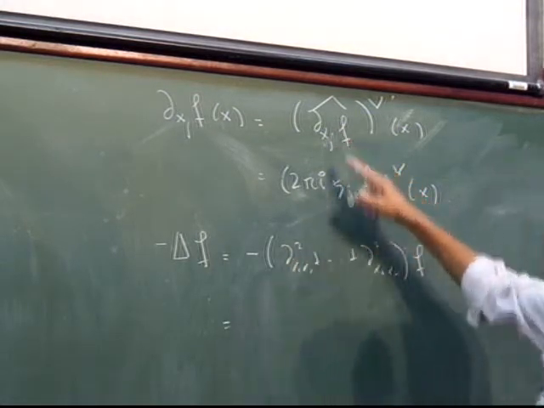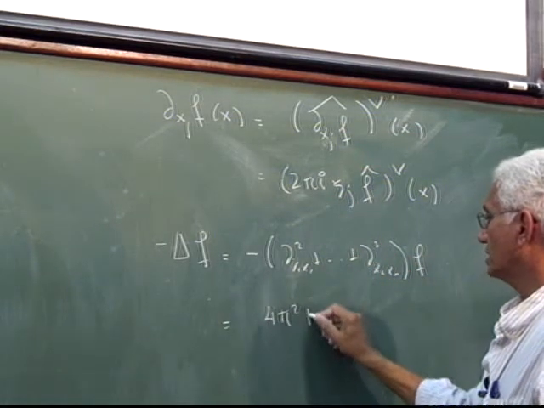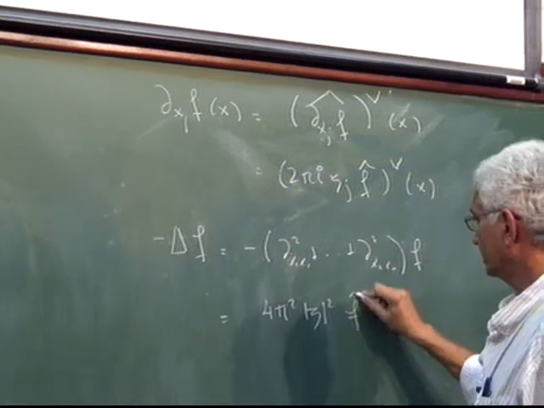If you go to the Fourier side, you are going to have 4 pi squared |xi| squared f hat.